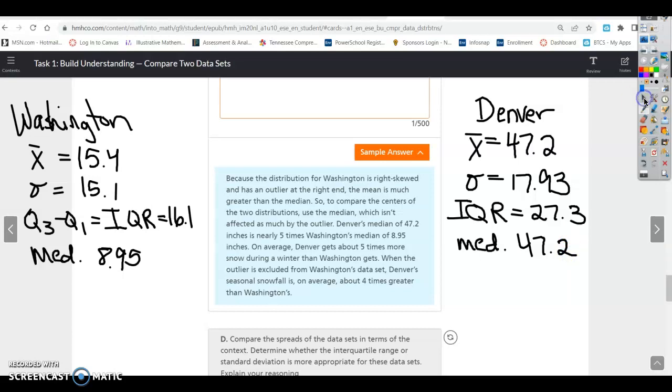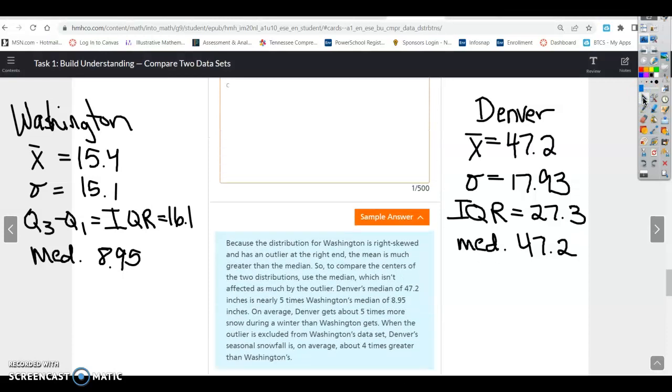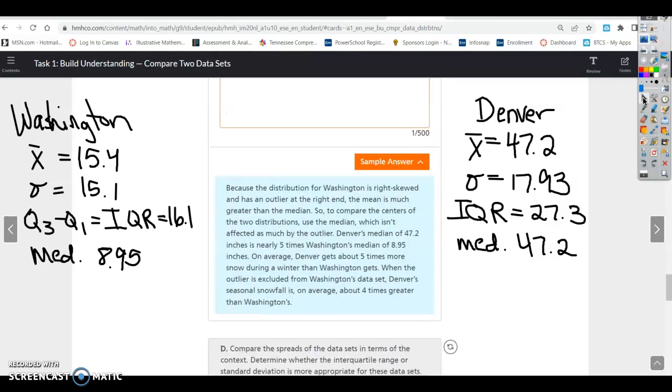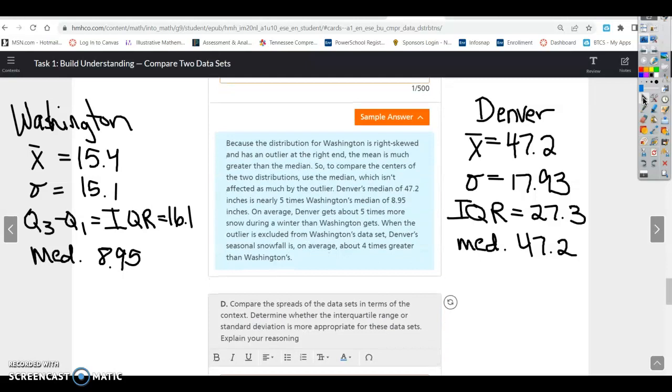All right, so let's look at the question again. Compare the centers of data, so that's your mean and your median, and explain your reasoning. All right, so it says, because the distribution for Washington is right skewed and has an outlier at the right, the mean is much greater than the median.